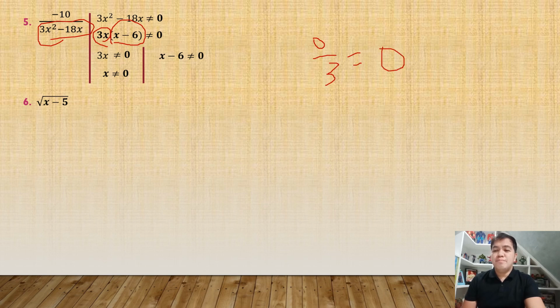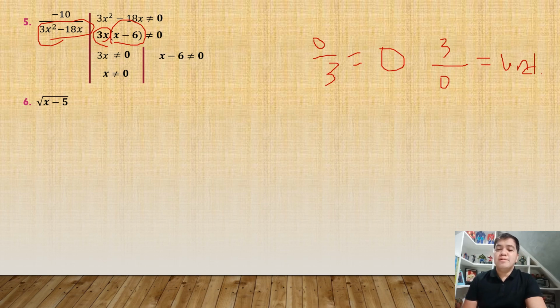Pero for example, meron kang number na 3, halimbawa 3, tapos i-divide mo ng 0, yung 0 nasa ilalim, ang lalabas po doon ay undefined. Pwede nyo rin itry sa calculator yung sinasabi ko, ha?